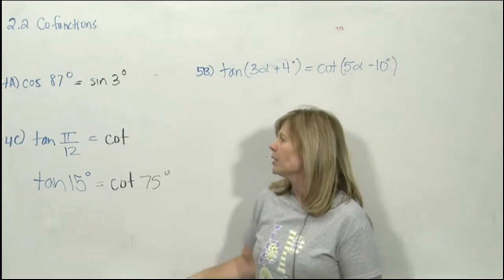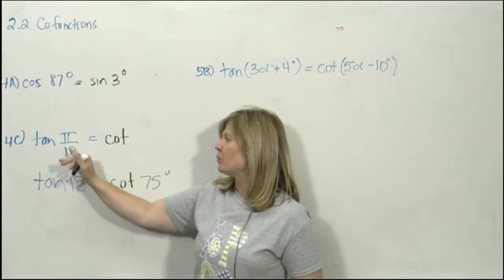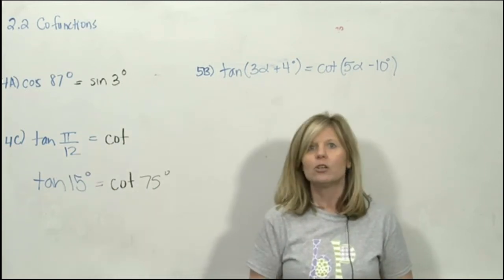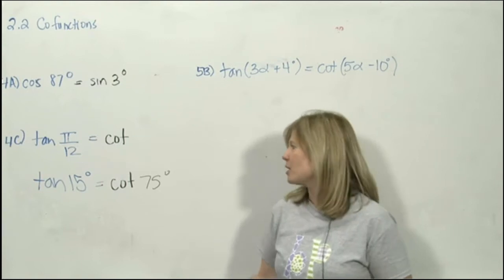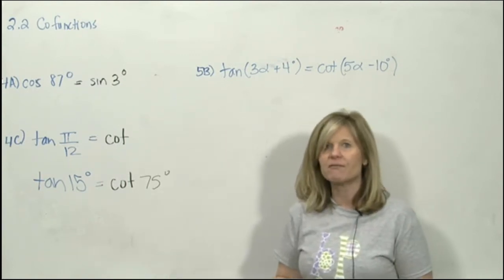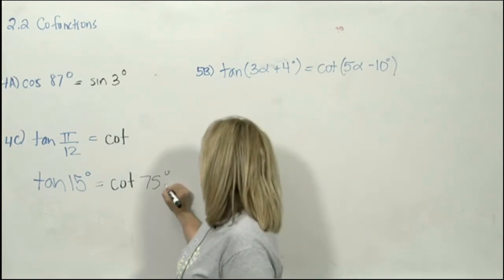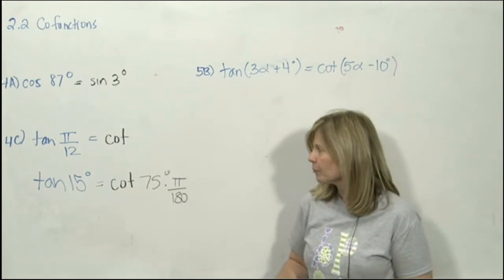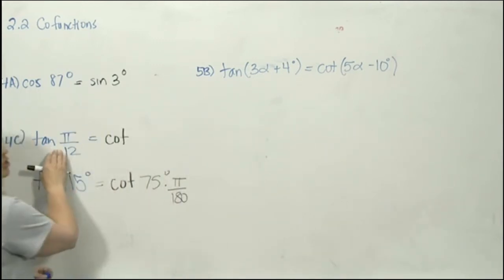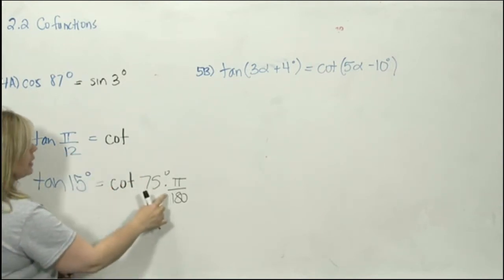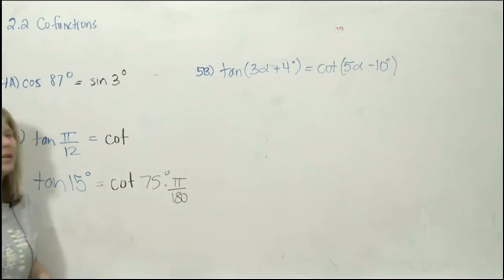But here's the problem. If the original expression was given with the angle in radian measure, do you think you can give the cofunction in degrees? No. You also have to give it in radian measure. So now we have to change this to radian measure. How do you change 75 degrees to radian measure? You would multiply by pi over 180, correct? If this radian measure has the pi symbol in it, then the cofunction's radian measure will have the pi symbol in it. But I'm not going to leave 75 over 180 because they both can be divided by a common factor.